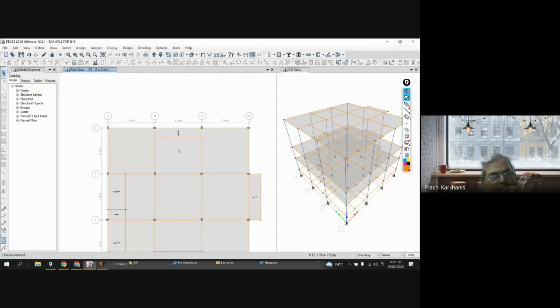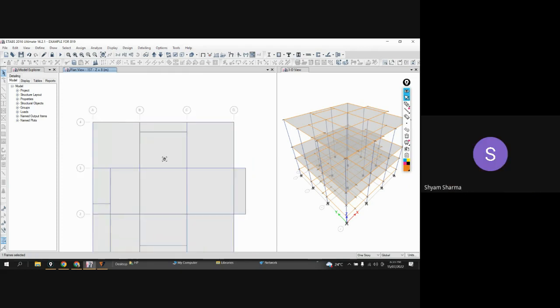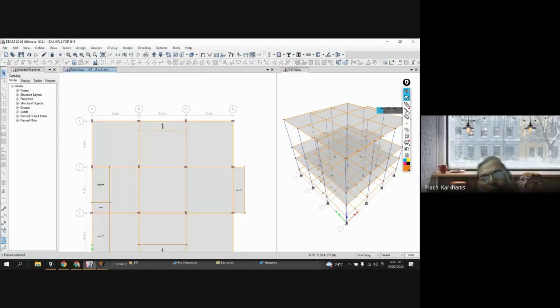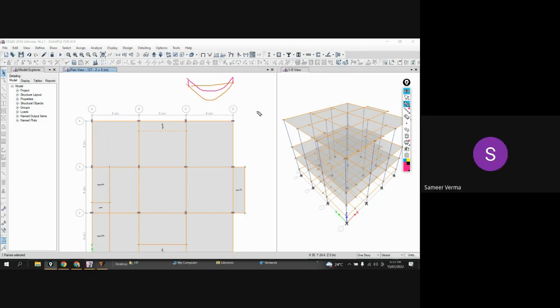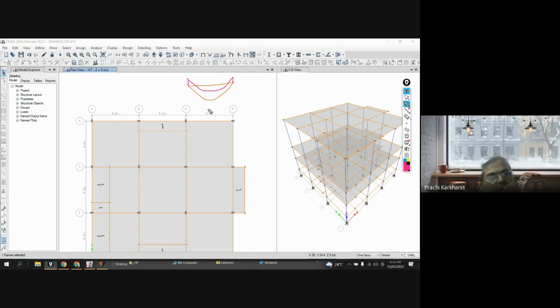Is this beam simply supported? Yes or no? Yes, sir. So that means if I draw the bending moment diagram, I should get a bending moment diagram like this and not like this. Actually, in this diagram you are getting something like this. Why did it happen?